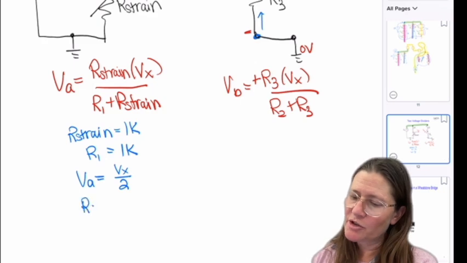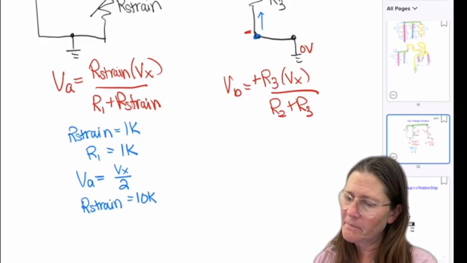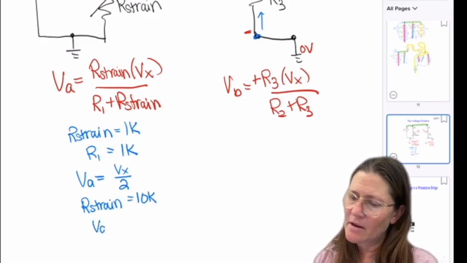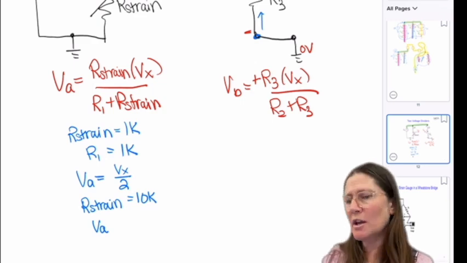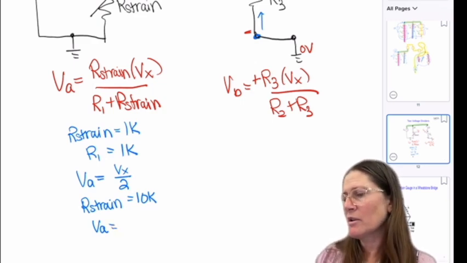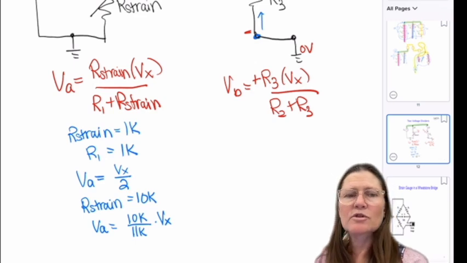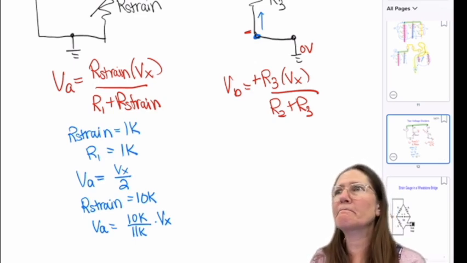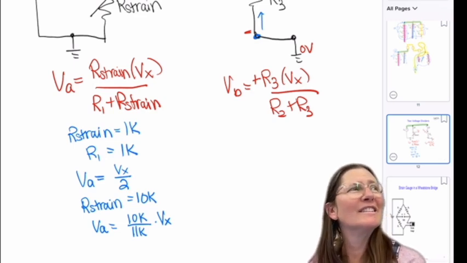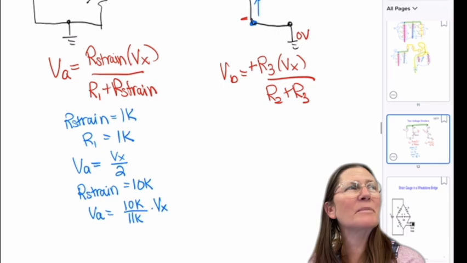What if our strain increases to 10K? VA becomes 10K over 11K of Vx.